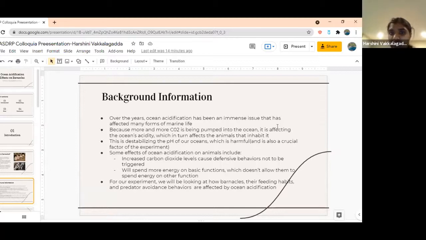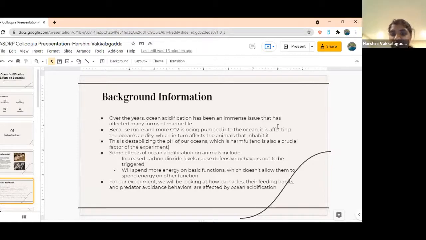And some background information. Over the years, ocean acidification has been an immense issue that has affected many forms of marine life, and human activities have contributed to a lot of this.